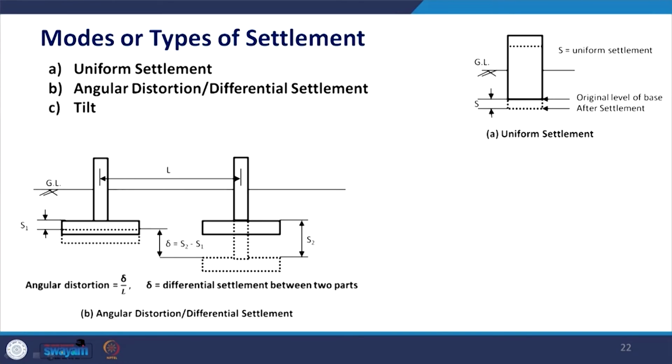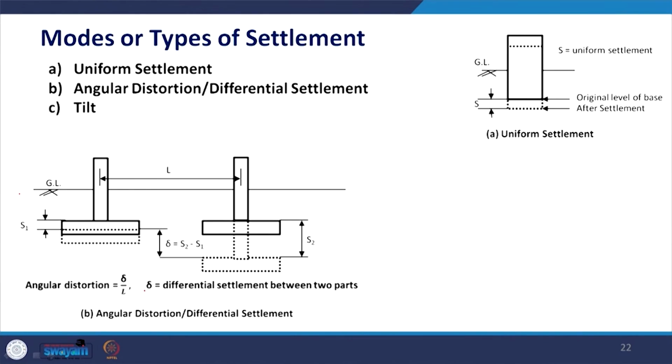In this case, the footing of the first building settled by an amount S1, while the footing of the other, which is exactly identical, is situated at a center to center distance of L. The first one settled by an amount S1, while the second one settled by an amount S2, which is quite high compared to S1. The difference between these two, S2 minus S1, is called differential settlement, normally represented by delta.